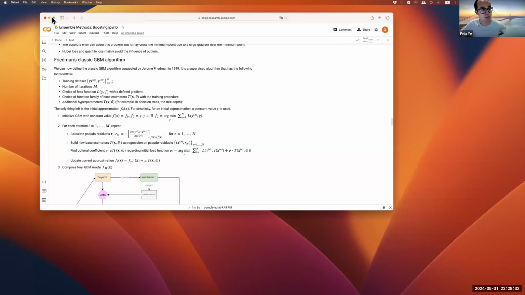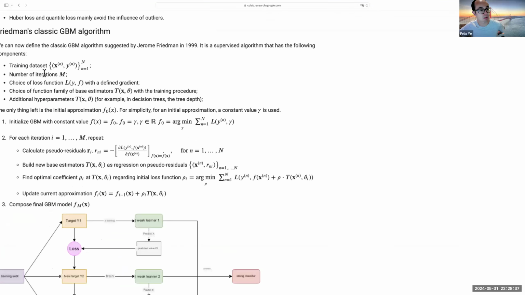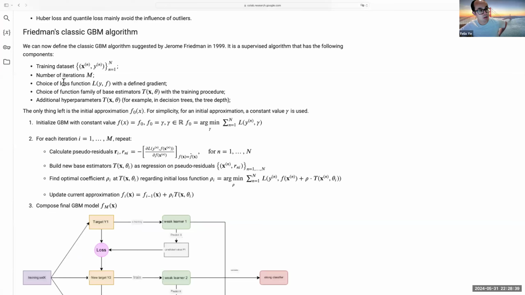This is Friedman's classic algorithm of boosting. We have a training data set, and a number of iterations M. We have a choice of loss function, which could be the square loss, and we need to choose a function family of base estimators.